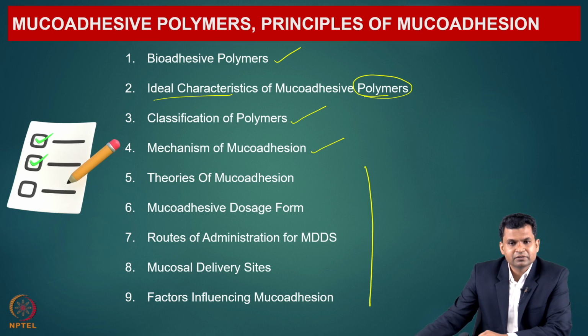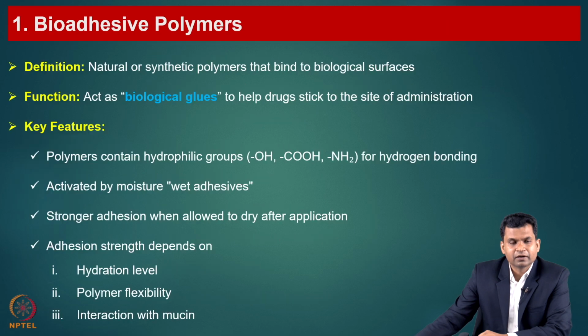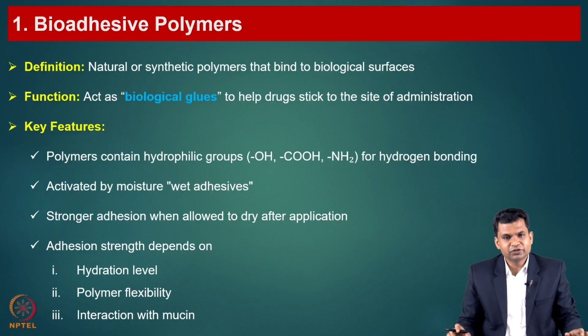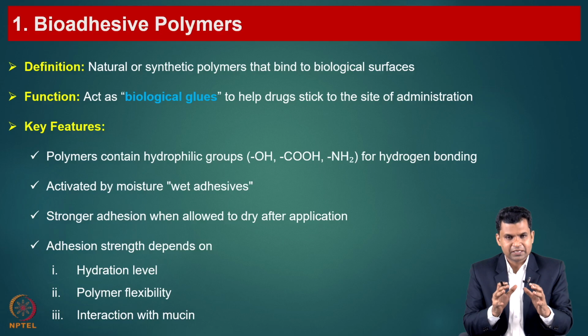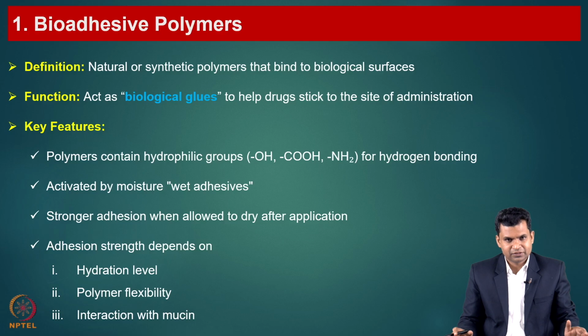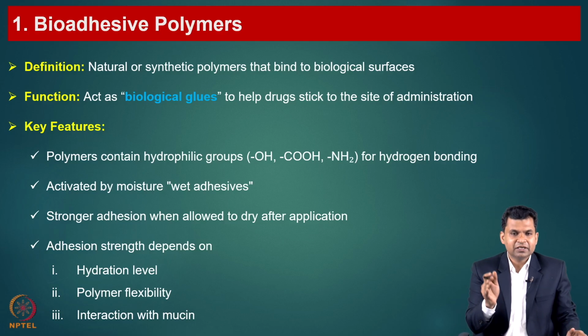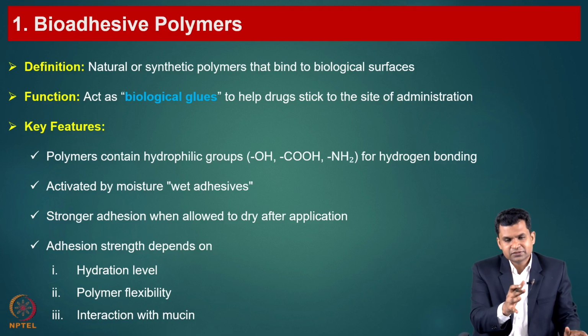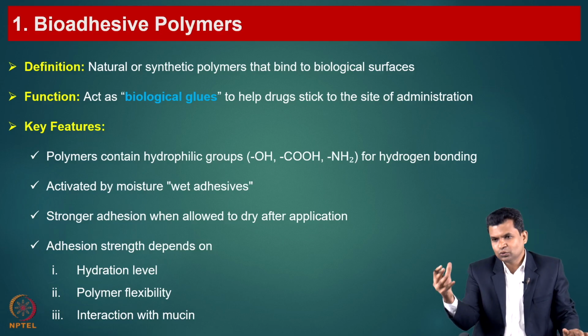As we know, polymers have a major role in entire drug delivery systems. You can see in the nanocarriers, we have discussed various types of polymers and their dosage forms.